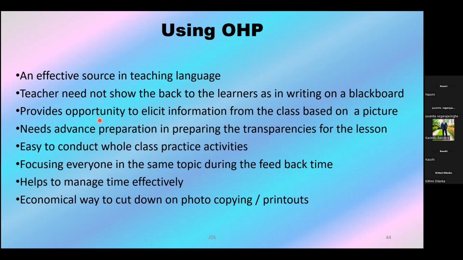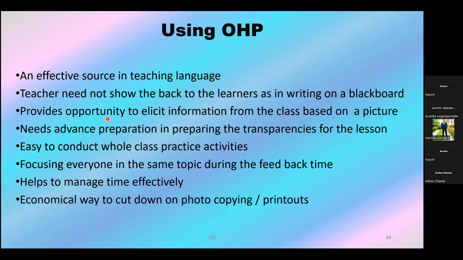If you want them to make a story, we can have all the pictures displayed on the OHP and write the language prompts on the blackboard.